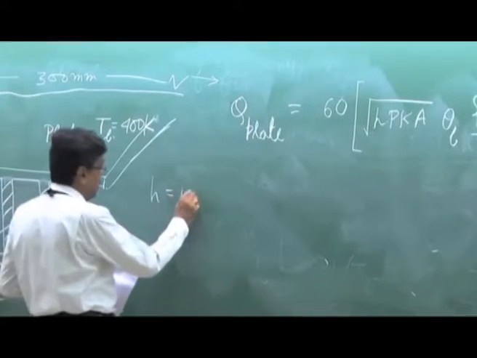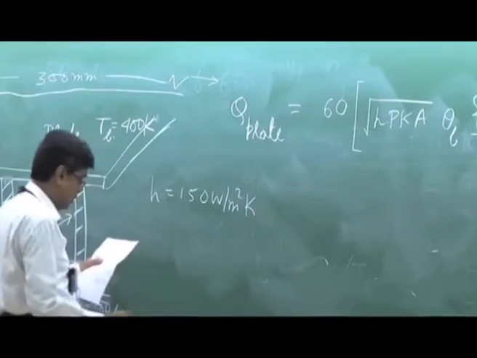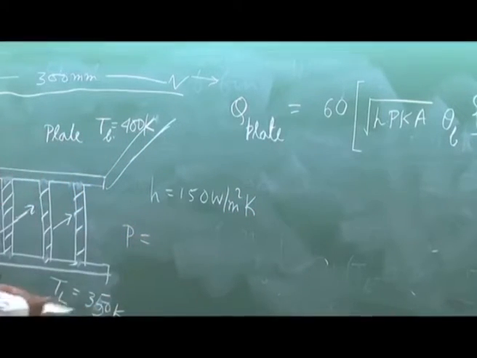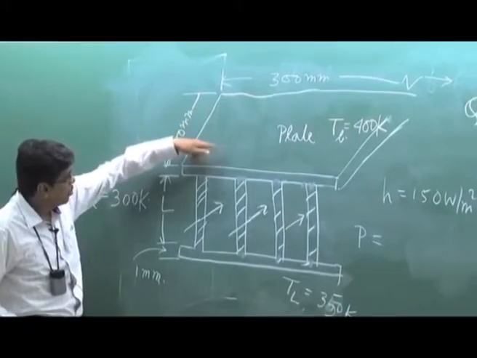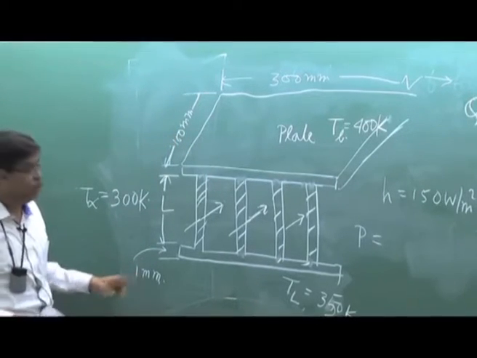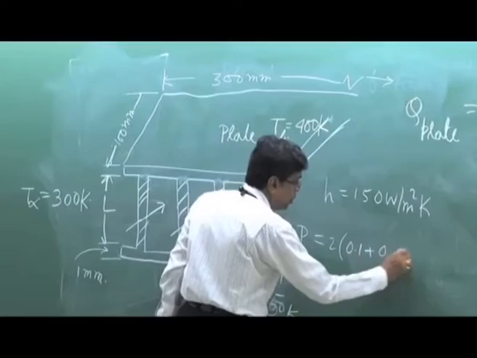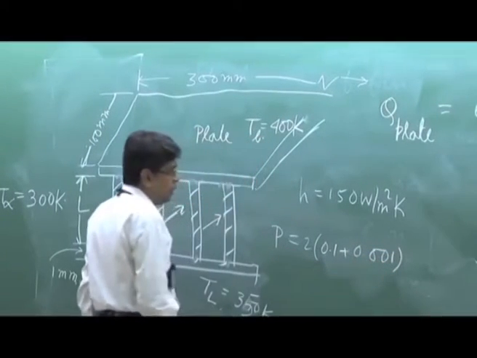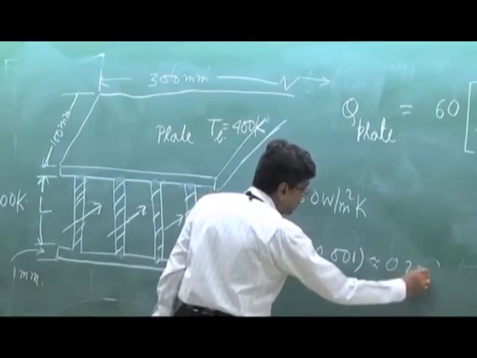Now you write down the values. h is what? h is 150 watt per meter square K. P is the perimeter. That means 0.1 plus 0.001, into 2, which is almost equal to 0.2 meter.